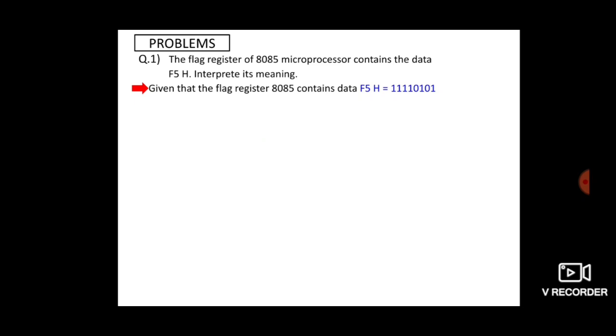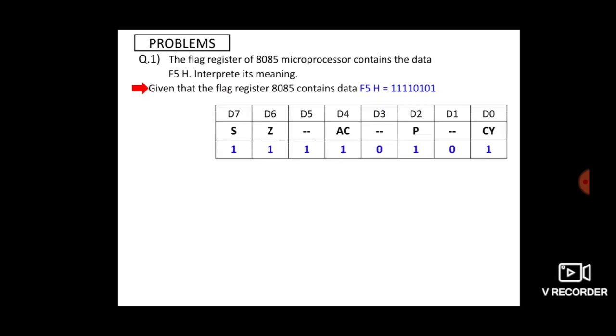Now you know the flag status in 8085. See, this is the bit status of the flag register. At the 0th location is the carry flag, D1 is not defined, the second location is the parity flag, D3 is not defined, D4 is the auxiliary carry flag, D5 is not defined, the 6th location is the zero flag and the 7th location is the sign flag.